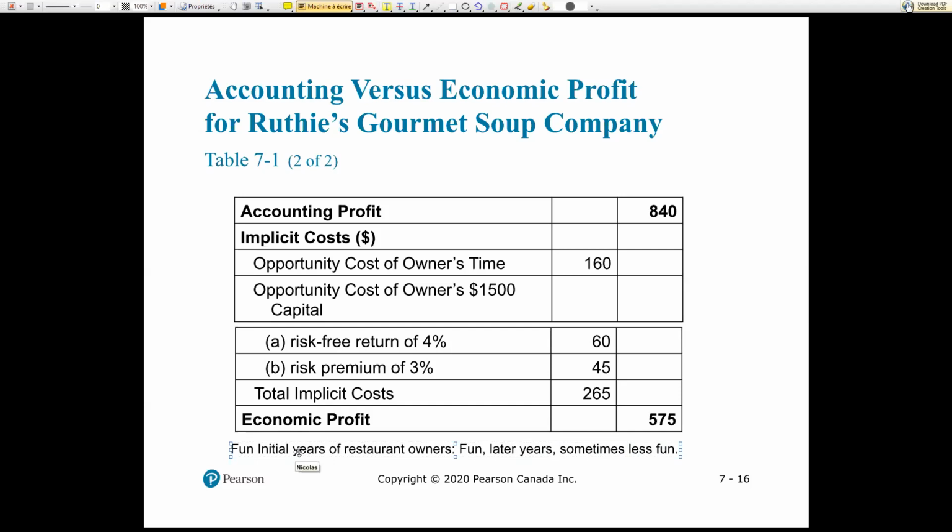If you take into account other things, then you can take into account the fact that it's somehow enjoyable to do it.